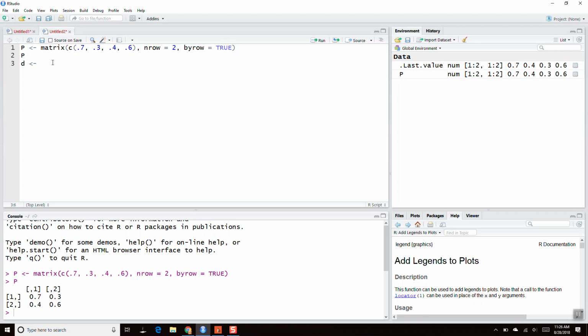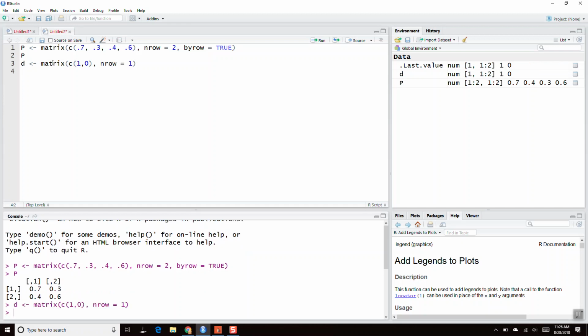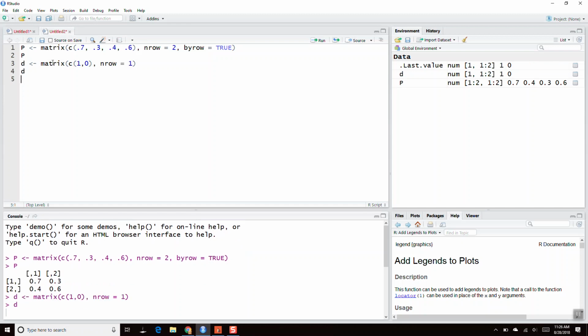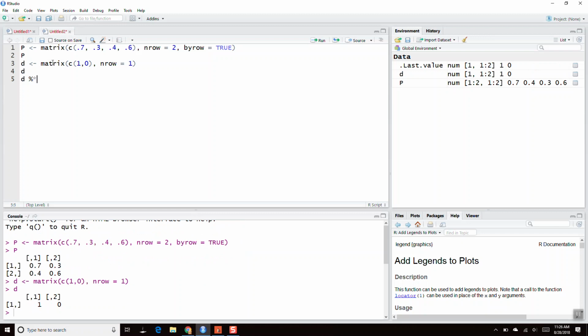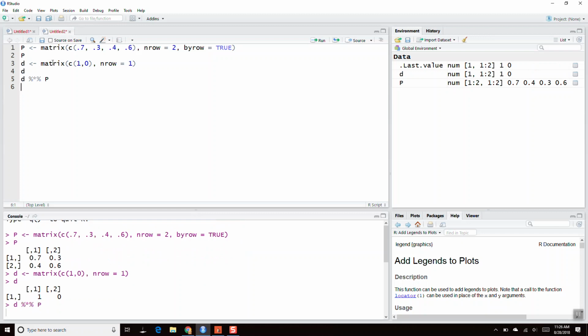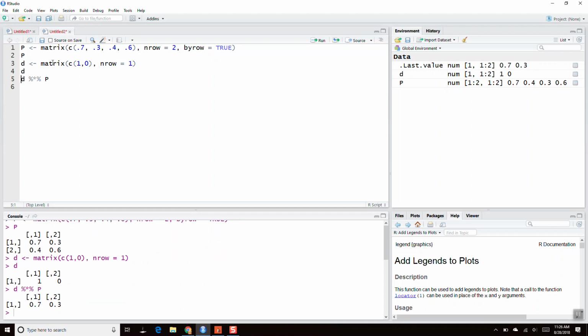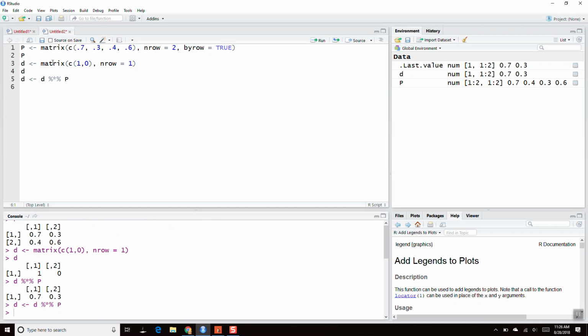Our distribution D is matrix c(1, 0), number of rows 1. Okay, and I've got D. So if I do D multiplied by P, this is the distribution at the next step. So I'm going to just do this over and over again.